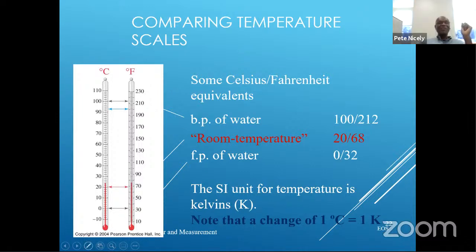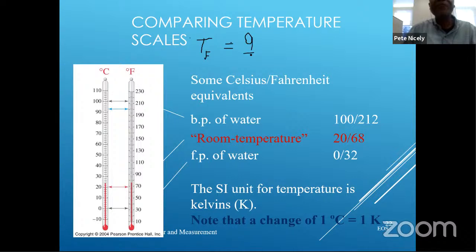Okay, so the relationship between the temperature in Fahrenheit is: temperature in Fahrenheit is equal to 9/5 times the temperature in Celsius minus 32.